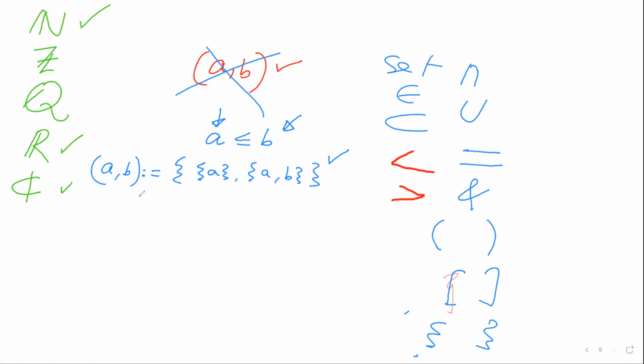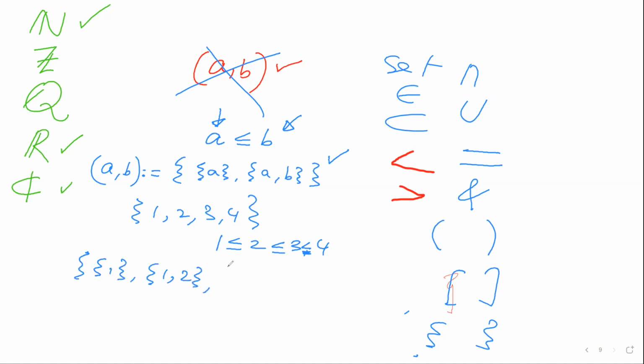In this manner, suppose you have 1, 2, 3, 4 in a set. I want 1 less than or equal to 2, less than or equal to 3, less than or equal to 4. I will put this as, suppose I make a set: 1, then 1, 2, then 1, 2, 3, then 1, 2, 3, 4.